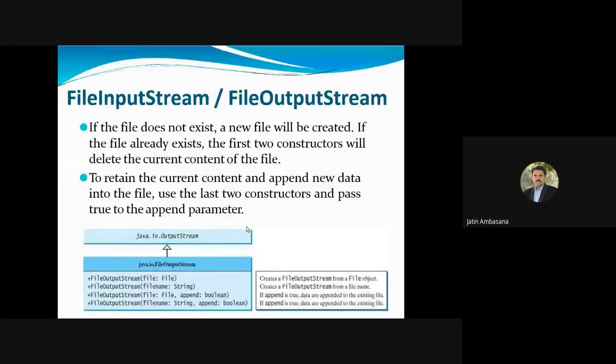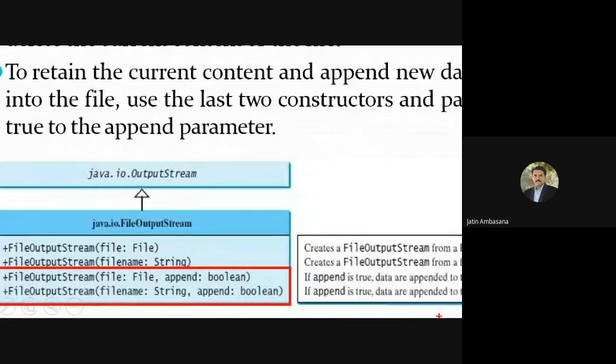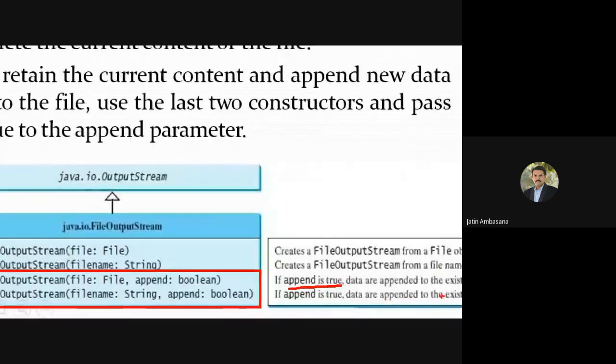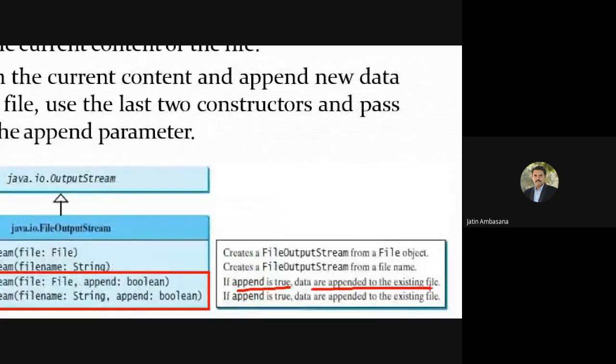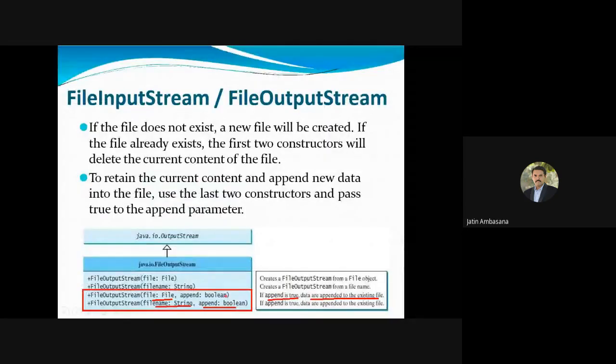So these are the last two constructors: file output stream with file and append. If append is true, then the data is appended to the existing file. And here, instead of a file, you get a file name, and again an append boolean, which if you say true, appends the data.